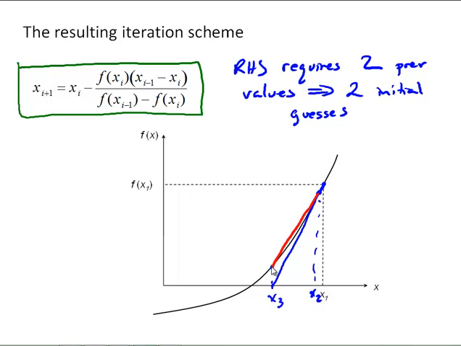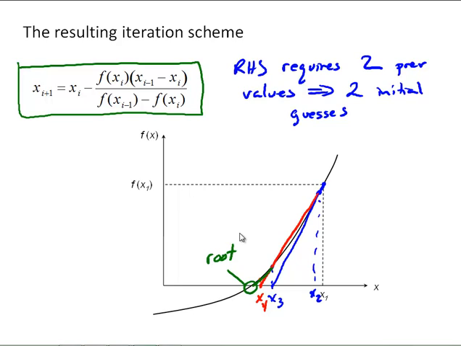So now it's not really a tangent line anymore. It's a secant line connecting through two points on the curve, hence the name secant method. And then we'll continue that line all the way down to the x-axis and then go up. So that would be our x4. And then for our third iteration, we do the same thing. We connect this point and continue that down, and eventually we hit that root.